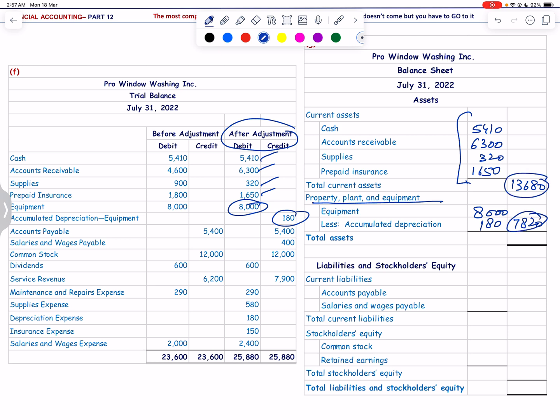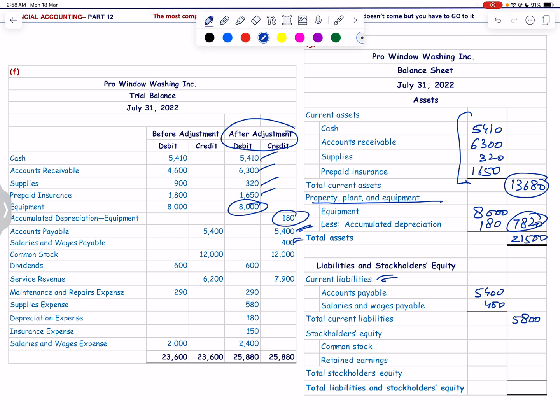Next, we record the current liabilities, and for this we have the accounts payable 5400. Then we have salaries and wages payable 400. So the total current liabilities is 5800. Then we have the common stock, and the common stock is 12,000.